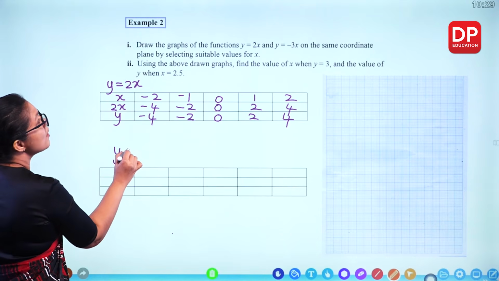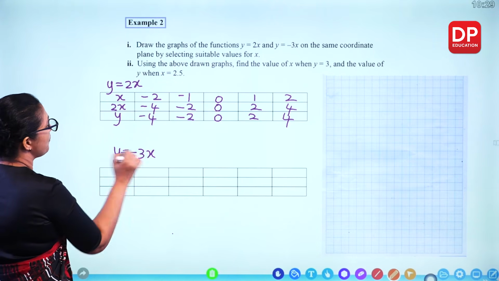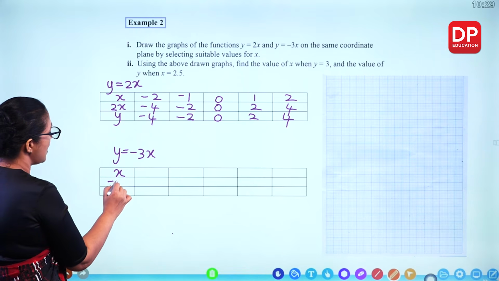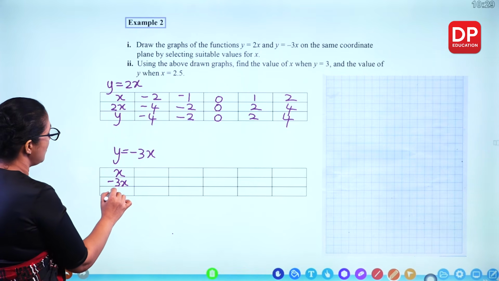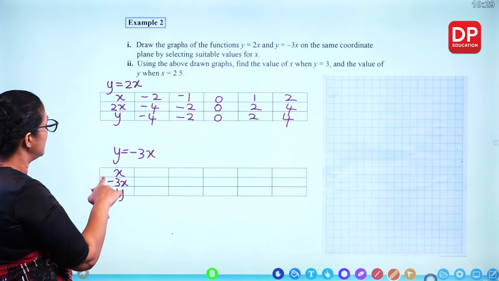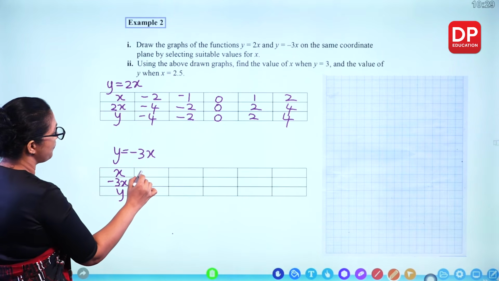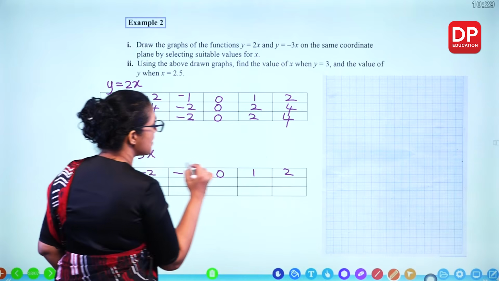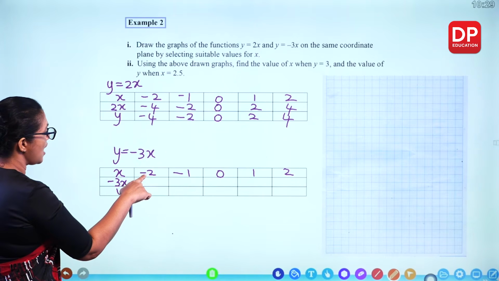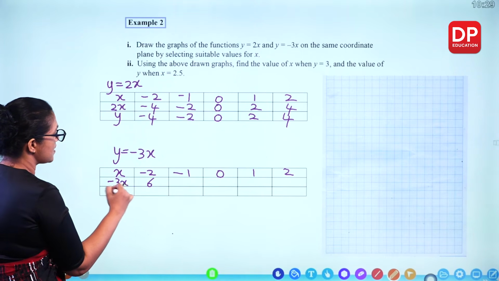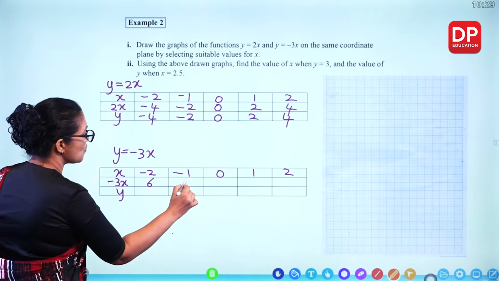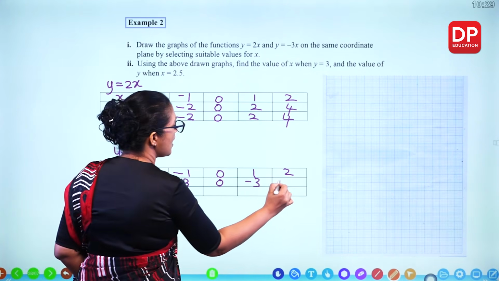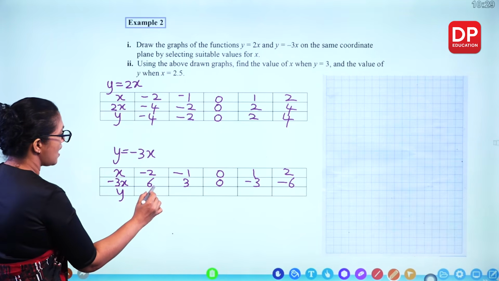We need y equals minus 3x. We have to take x values, minus 3x and y values. x equals minus 2, minus 1, 0, 1, 2. We'll take the same thing. Minus 3 times minus 2 is plus 6. Minus 3 times minus 1 is plus 3, 0. You get minus 3 and minus 6. So these are the y values.